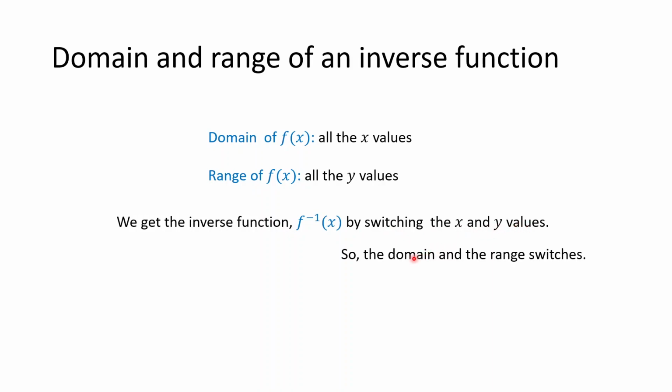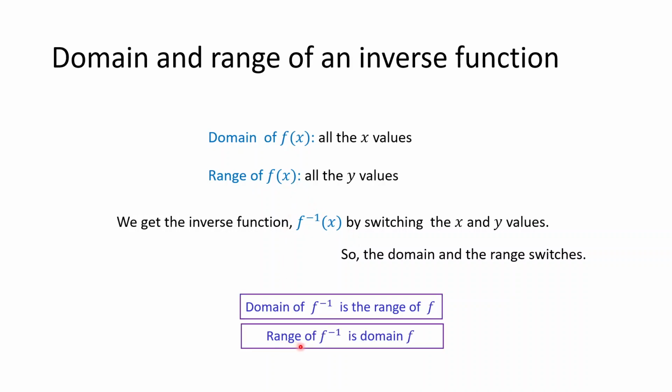So for the inverse function, the domain and the range switch. Therefore, the domain of the inverse function f inverse is the range of the function f, and the range of the inverse function is the domain of the function f.